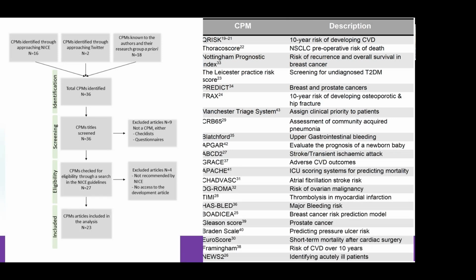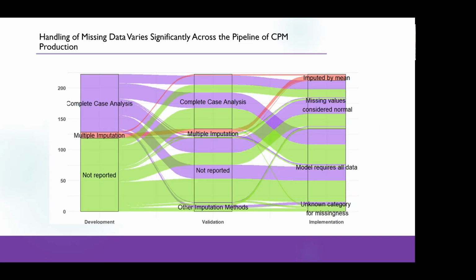From each stage, what we're interested in is what the handling of missing data was at the time. And this is the Sankey diagram of the findings. We've got the stages of development, validation, and implementation on the x-axis, and the colours are the proportion of papers doing each of the different types of missingness handling.